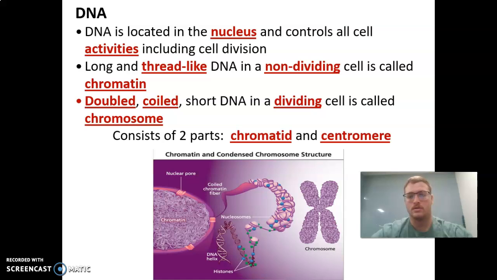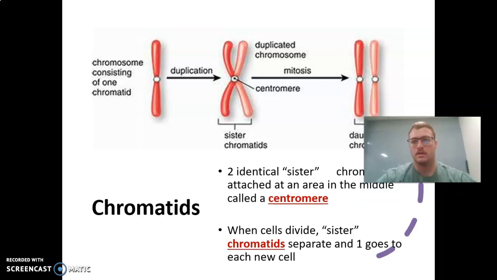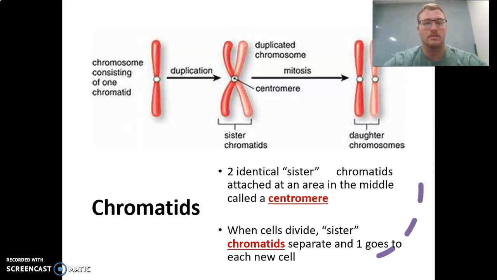The centromere is the middle part where the chromatids are connected. So here is a diagram of that. The chromosome consisting of one chromatid duplicates and is connected by the centromere.